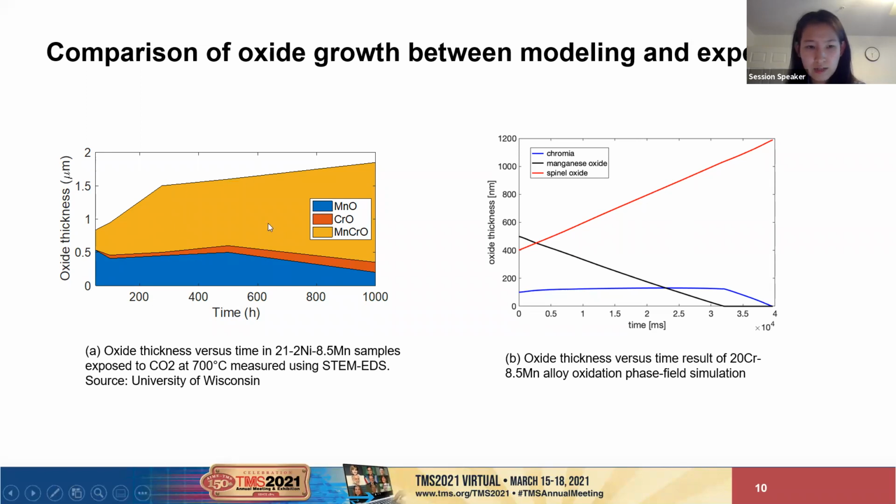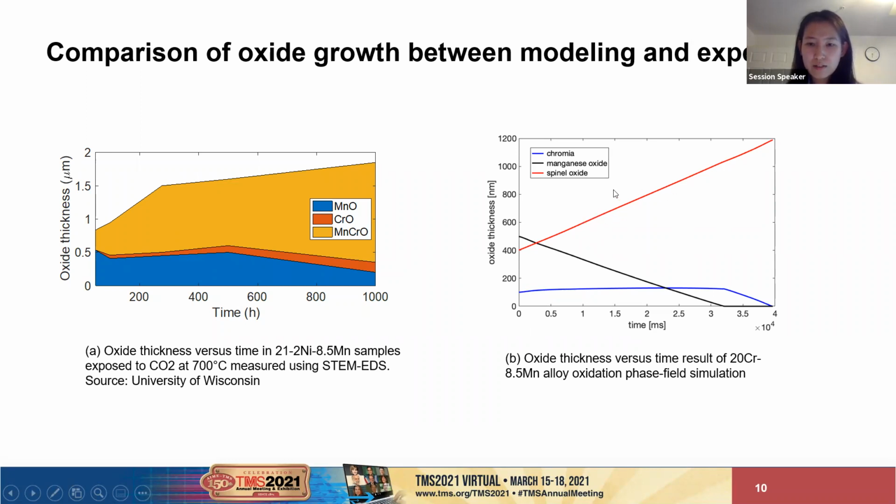So the picture on the left is the STEM characterization. The yellow region is the oxide thickness of the spinel oxide phase, changing with time, and the blue region is the manganese oxide phase thickness changing with time. So we can see that the spinel phase is growing and the manganese oxide phase is shrinking. And that is exactly what we just observed from the simulation.